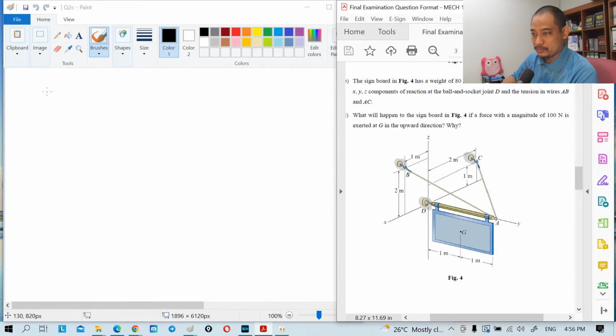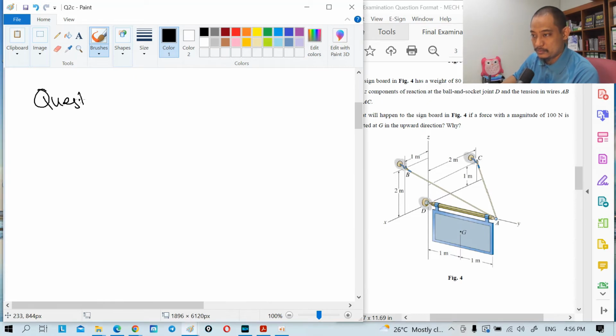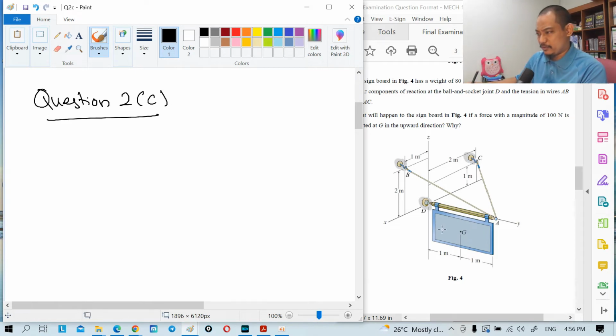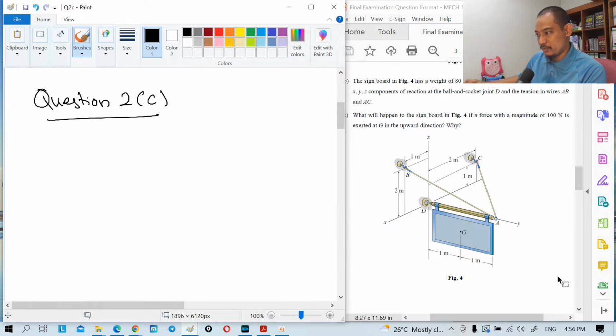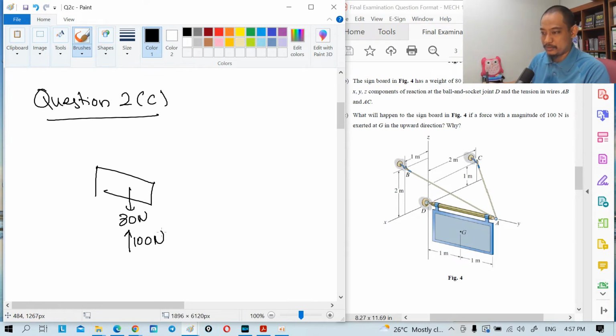This is question 2c. If a force is exerted upwards here, what we have is 80 Newton downwards. So if we put 100 Newton upwards, the net force in the Z direction will be upwards, positive.